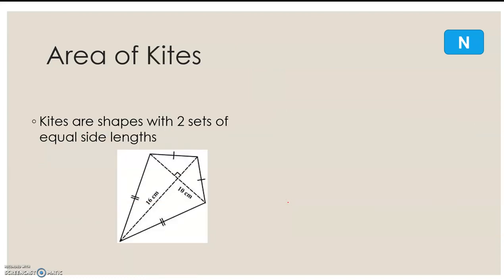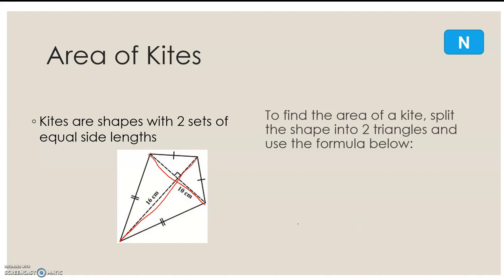Area of a kite. In a kite, I've got these diagonals, one going across this way, one going across that way. To find the area of a kite, you split the shape into 2 triangles and you use the formula area is equal to length times width divided by 2. The shorter one is the width, the longer one is the length.